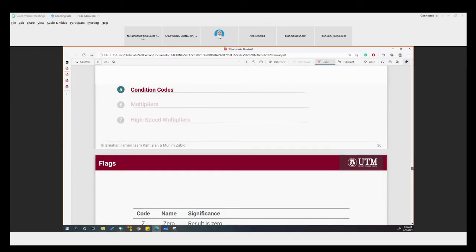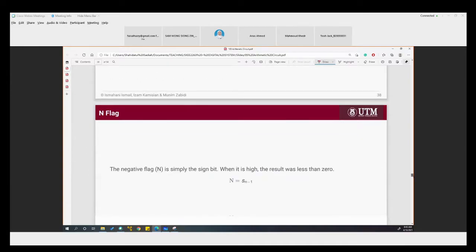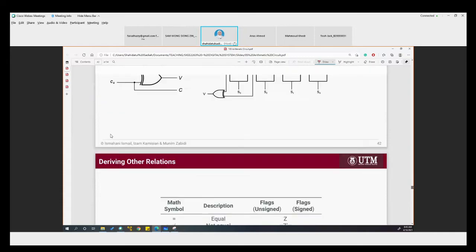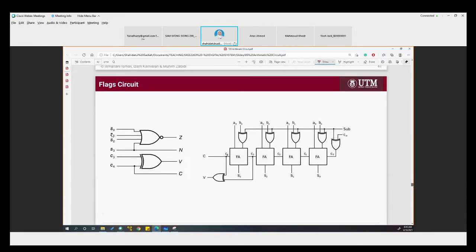Subtract together and then condition codes. So we have 4 condition codes. This one is the code where we use an adder and subtractor.